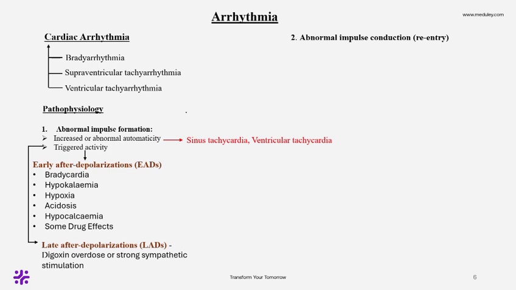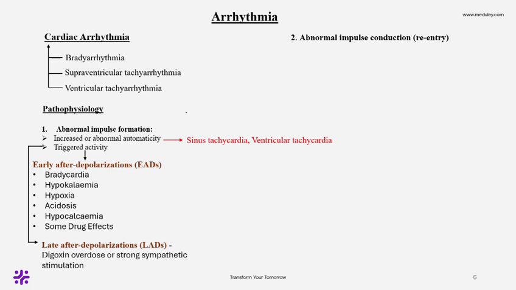But what goes wrong is that when these impulses are moving, they come to areas which are not excitable or where the conduction is not proper. That means that area is blocked, due to which the impulse gets blocked in one direction.